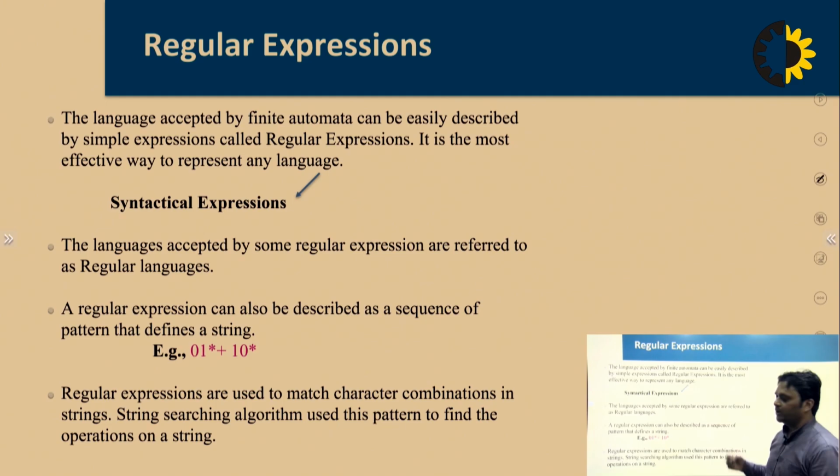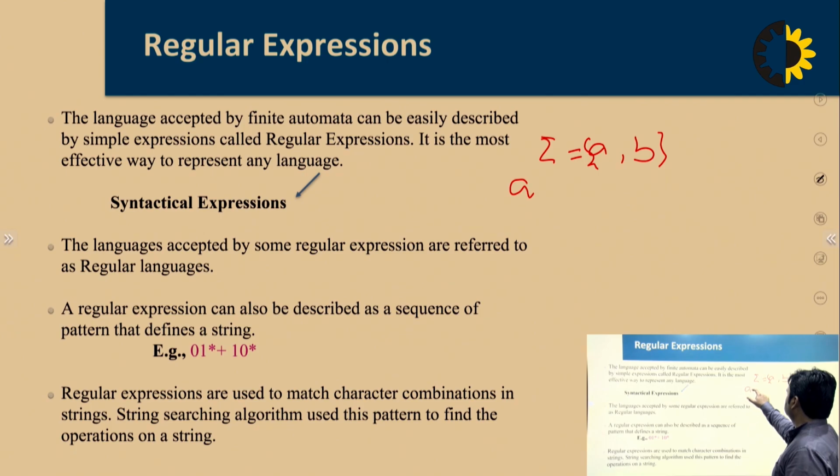So basically what is regular expression? If there is an input symbol sigma equal to a, b, these are the two input symbols, and we generate strings that start with a, then the language will be a, ab, aa, and so on.